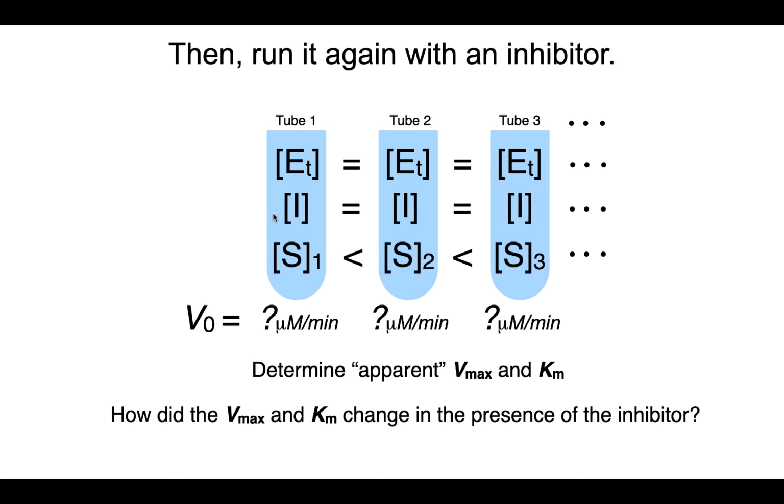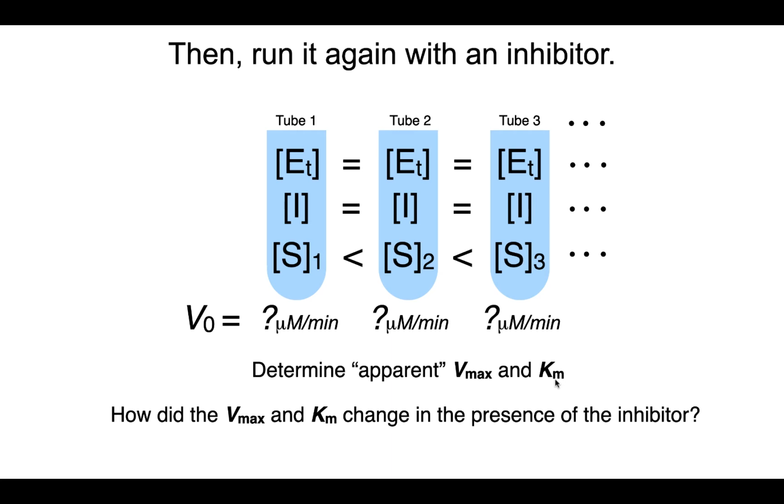You figure out, in the presence of this inhibitor, the initial velocity for each tube. You plot the initial velocity as a function of substrate concentration, and then you determine what's called the apparent Vmax and Km. And what you're going to see is that inhibitors change the Vmax and change the Km of that enzyme.